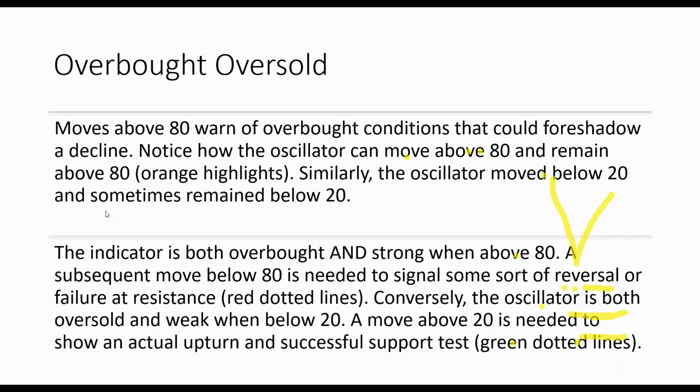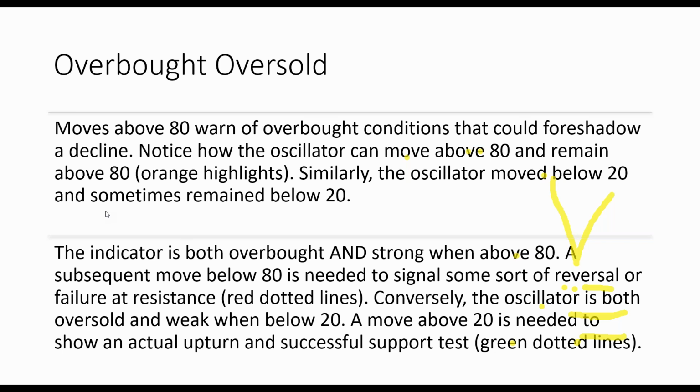I keep harping on it, but moves above 80 warn of overbought conditions that could foreshadow a decline. Notice how the oscillator can move above 80 and remain above 80. Similarly, the oscillator moved below 20 and sometimes remained below 20. The indicator is both overbought and strong when above 80.